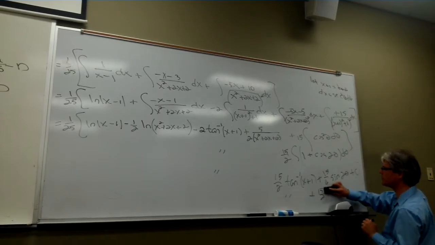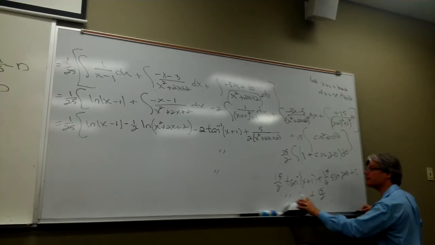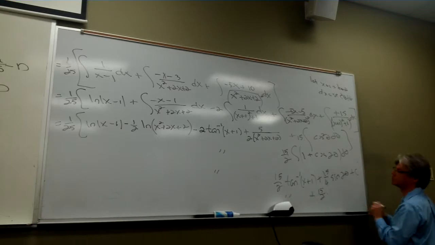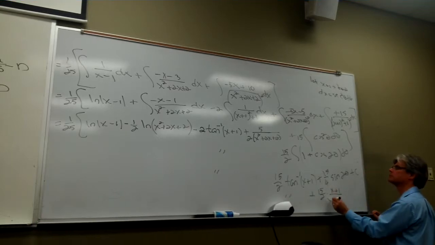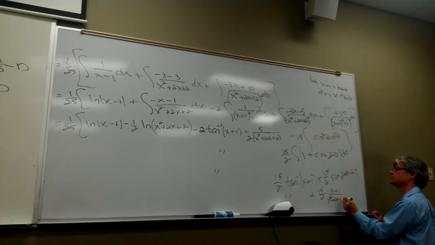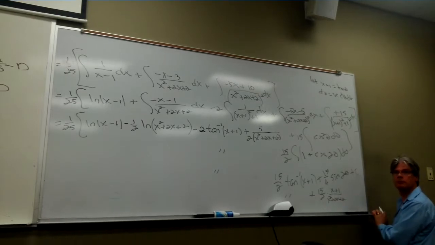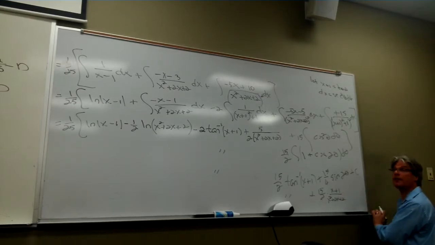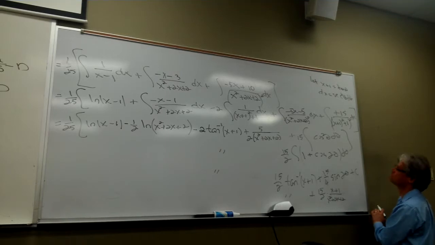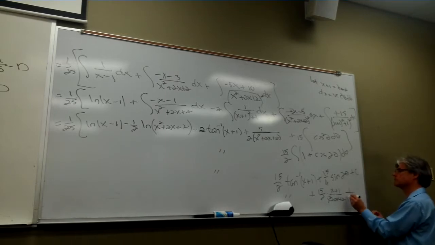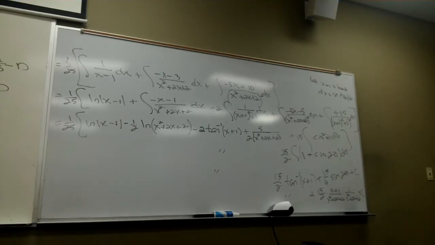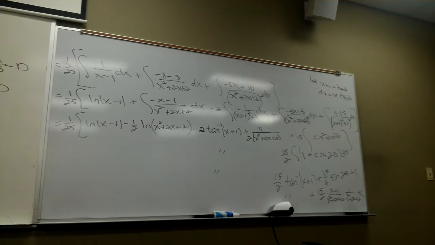Whoops, when I say sine theta, I mean this. Times cosine theta. When I say cosine theta, I mean this. Do you guys agree? If I'm not being too sloppy.